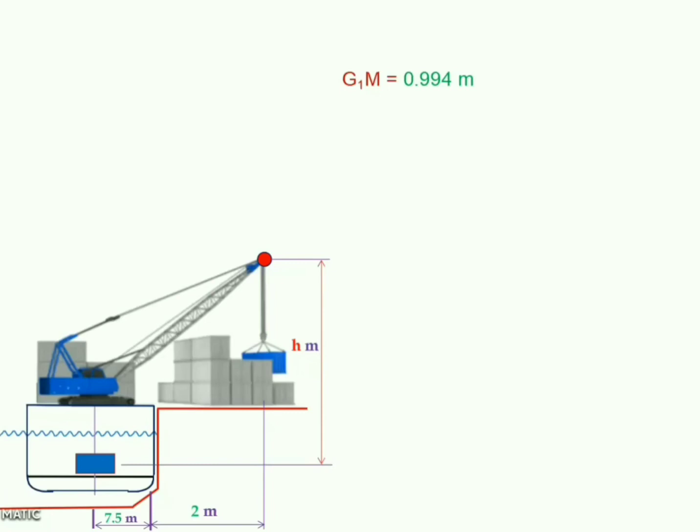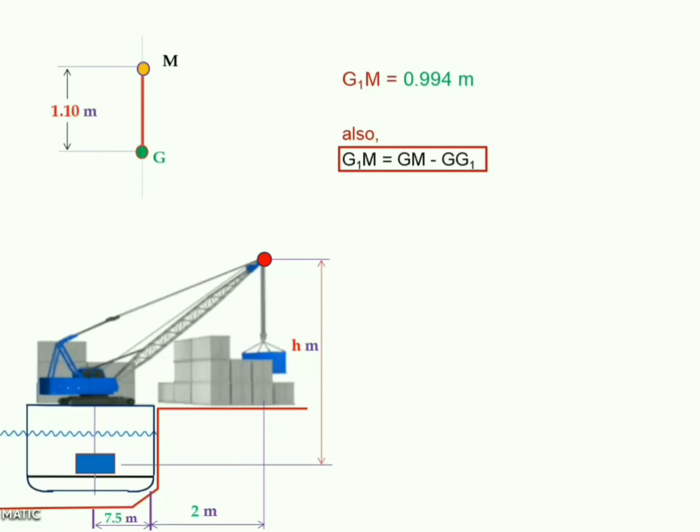It can alternatively be said that effective metacentric height G1M is equal to the original metacentric height GM minus the loss in it, GG1. Substitute G1M as 0.994 right here, original metacentric height GM as 1.10 meters, and solve for GG1, which gives 0.106 meters.